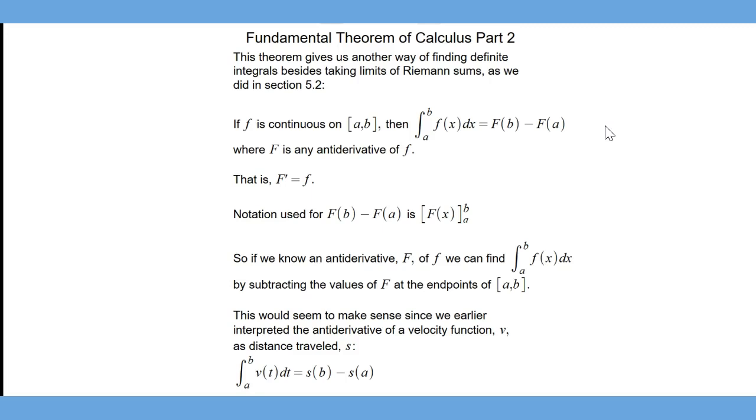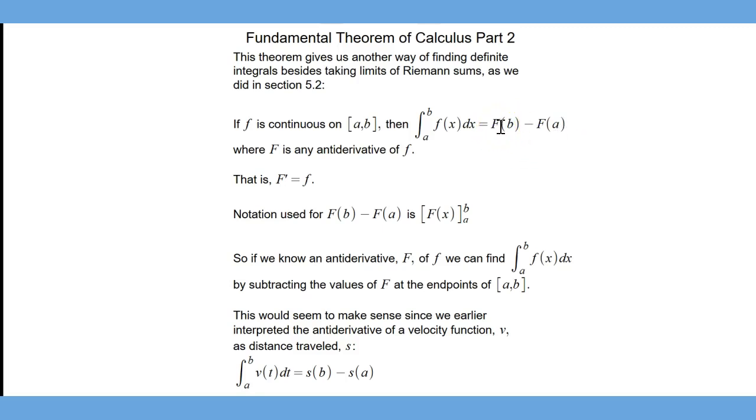This part says, if my upper limit is another constant, not a variable anymore, I can evaluate this definite integral by finding any antiderivative of f, evaluating it at the upper limit, evaluating it at the lower limit, and then subtracting. And F can be any antiderivative.